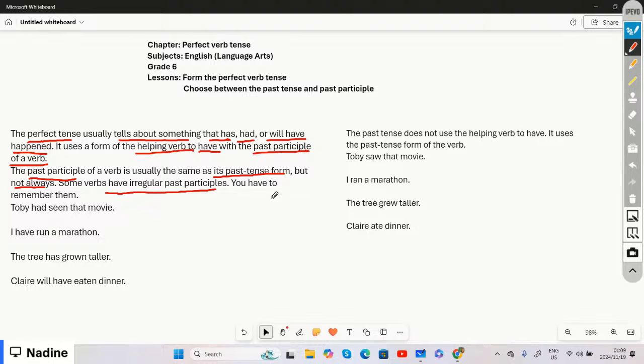That is why, with irregular past participles, there are no rules that you have to follow. So all you have to do is remember all the irregular past participles, because the wording changes. We can't just say add this letter, add D, add ED. The wording changes to an extent that you're going to have to remember the forms of the verbs.